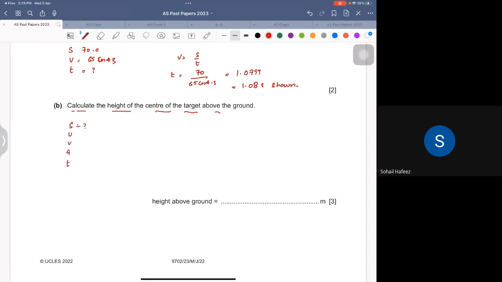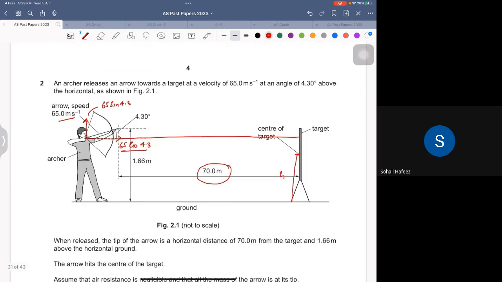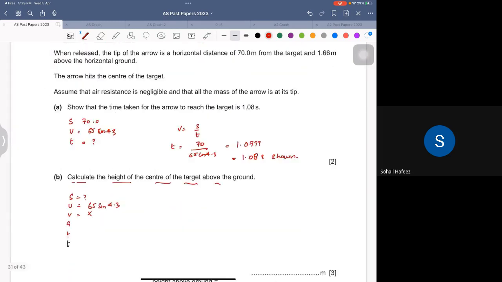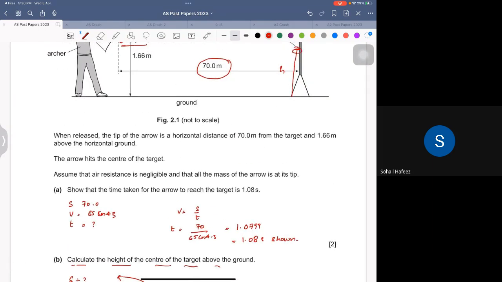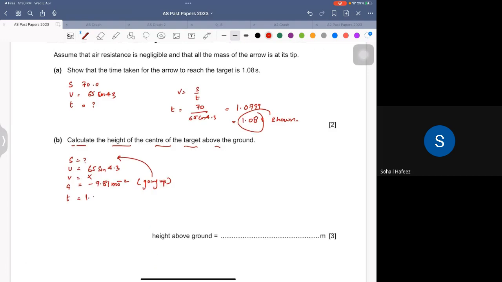The initial velocity is the vertical velocity, which is 65 sine of 4.3, and the final velocity I don't know, because I'm targeting the vertical velocity right here. The acceleration, because it was going up, I'm going to take as negative 9.81 meters per second squared. And the time that it took to reach this point was this, because time is always independent. So I'm going to write 1.08 seconds.